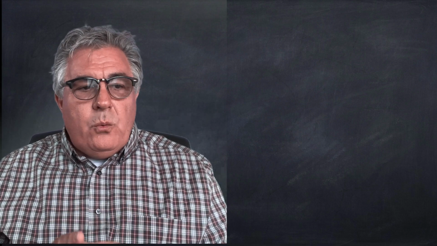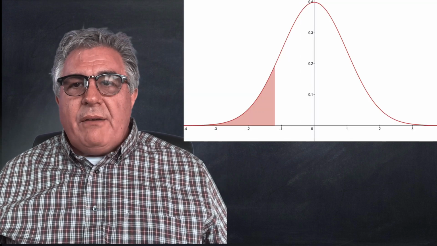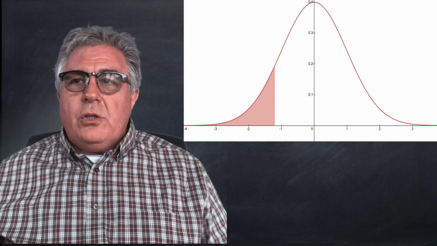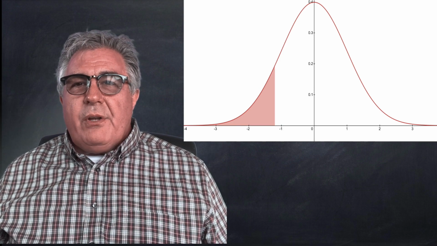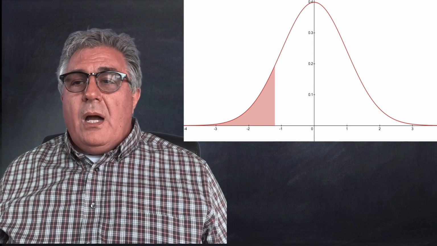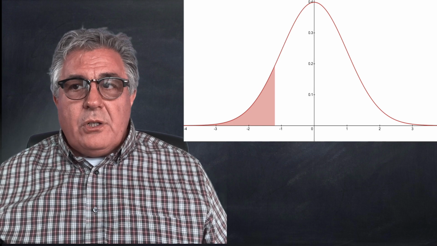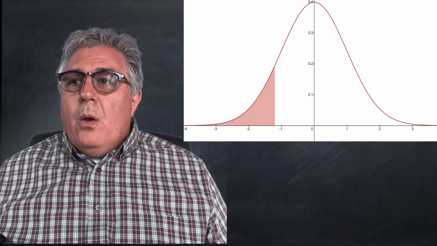All right, so one of the things that we can have is what is called a left-tailed area. As you can see in this picture that I have, the area to the left underneath this density function is shaded to the left. So this would be computing a left-tailed area.